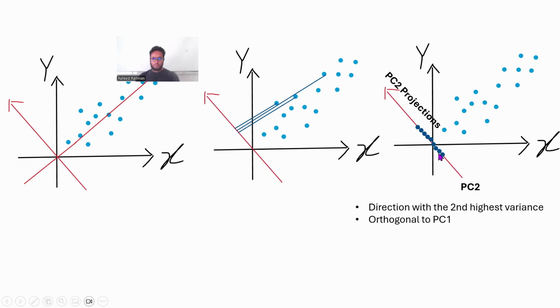But as you can clearly see, they don't have as much variance as we had in the PC1 projection, which we saw in the previous slide. So this axis is called the PC2 axis, which has lower variance compared to PC1, and it is also orthogonal to PC1. Okay, so this is for the 2D case.